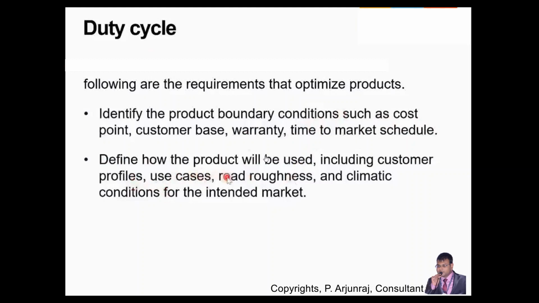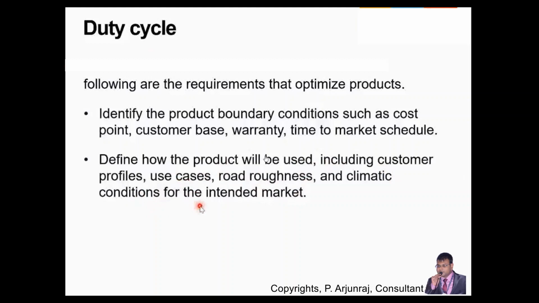So we have seen different categories, M category, O category, and a lot of various classifications with respect to vehicles: two-wheeler, three-wheeler, four-wheeler, and commercial off-highway vehicles. Here it's very important how we are going to define the product and how that particular vehicle will be used, including the customer profiles.